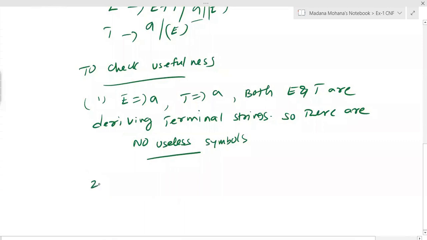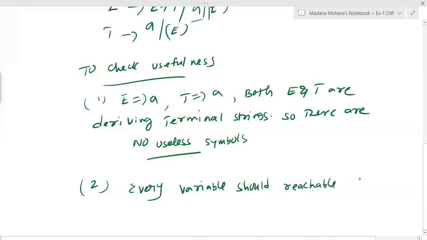What is the second aspect? Every variable must be reachable from the starting variable. For that, construct a dependency graph. Every variable should be reachable from the start variable.